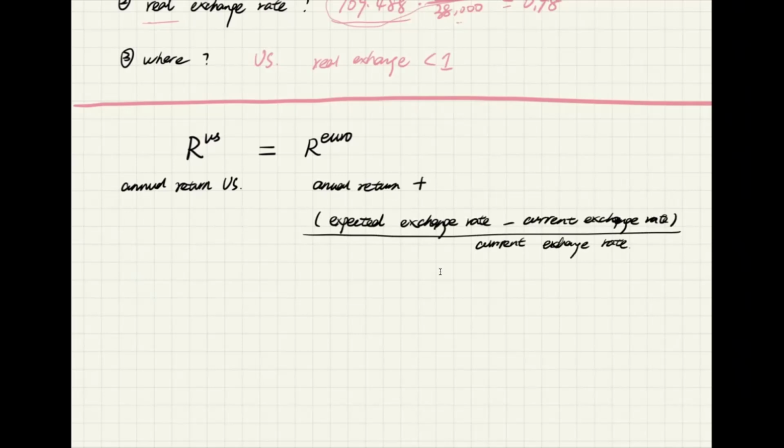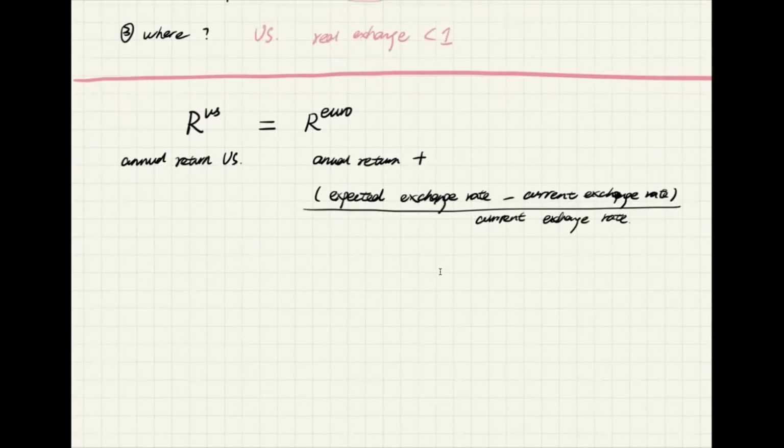Okay, so now let's use this equation in the following 2 questions. For question 2, suppose that the annual rate of return of dollar deposit equals 2%. Okay, now the left-hand side would be 2%, right? And the rate of return on euro deposit is 1%.